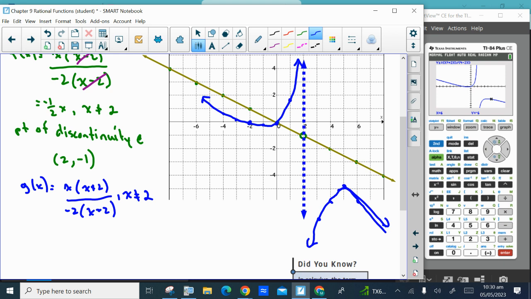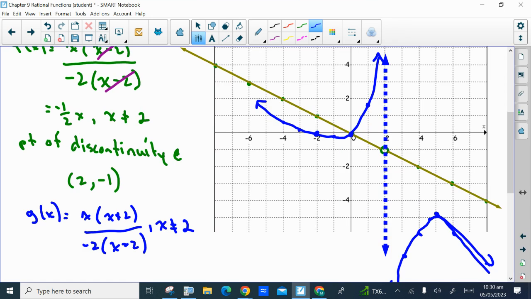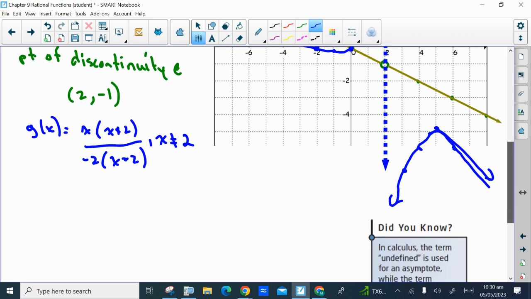So what are the differences? Well, obviously, F has a point of discontinuity, whereas G has both a vertical asymptote and a slant asymptote.